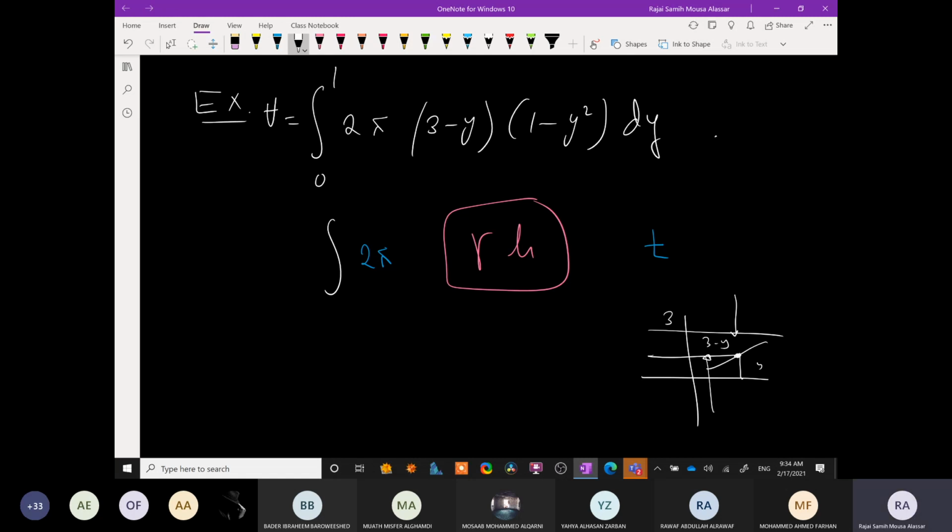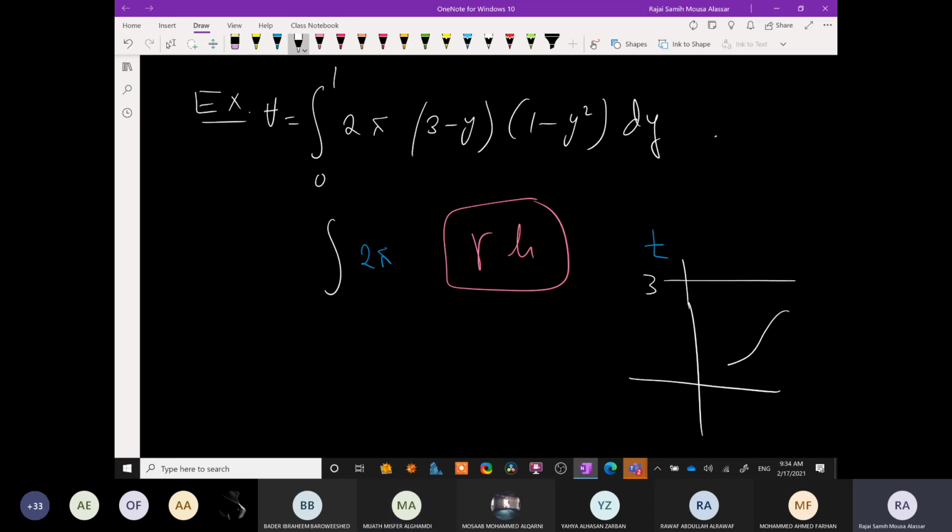Okay. So I'm trying to understand what this thing is. Yes, this is 3 minus y. So if you have a function that is y, then 3 minus y is the difference between the function and 3. Again, this is your function and this is your 3, from here to here is 3, and from here to here is your y.